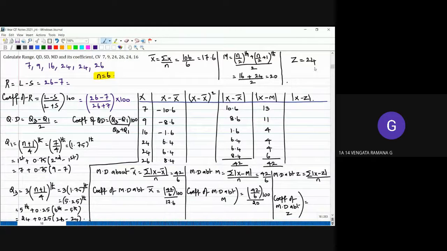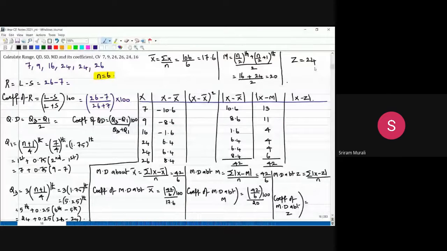Yes, sir, 26 is highest. Okay, I am not asking which is the highest value. I am asking which is the most repeated. 24, sir. So the highest repeated value is 24.